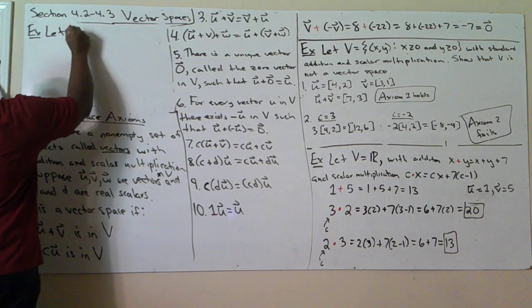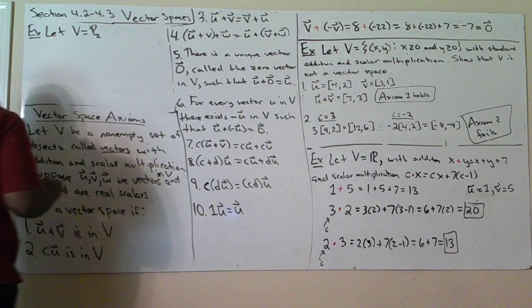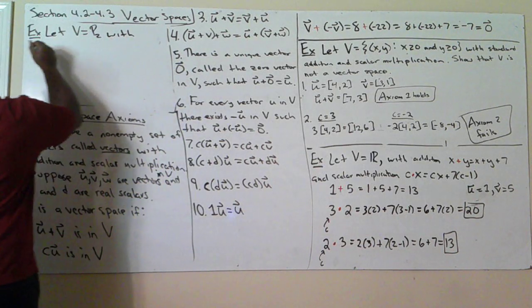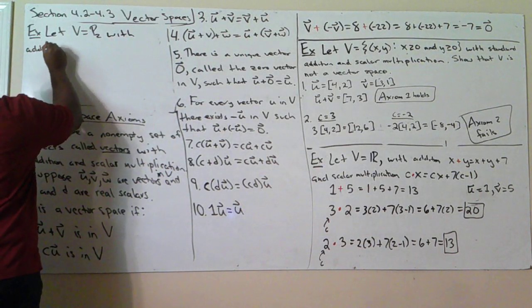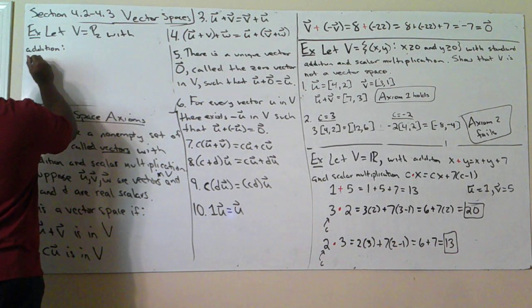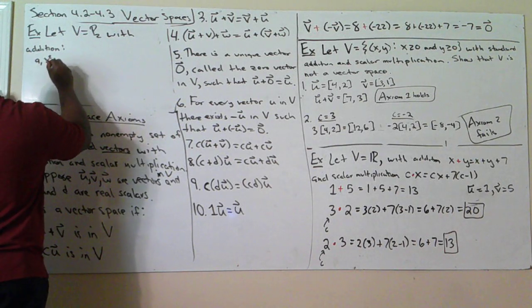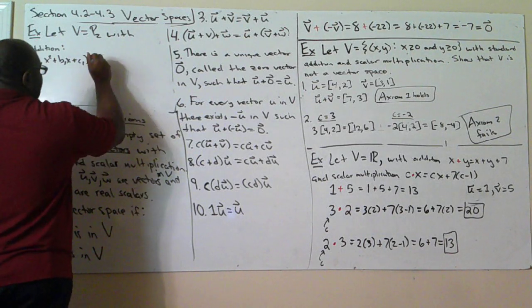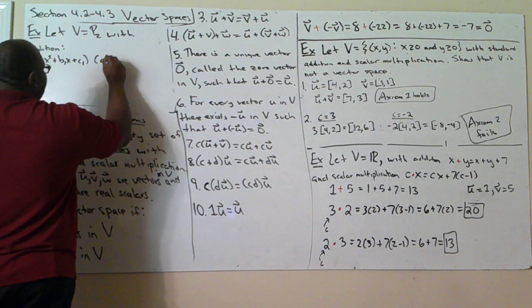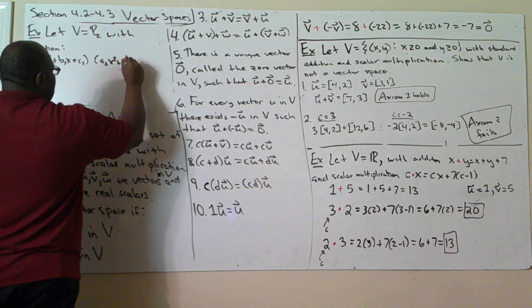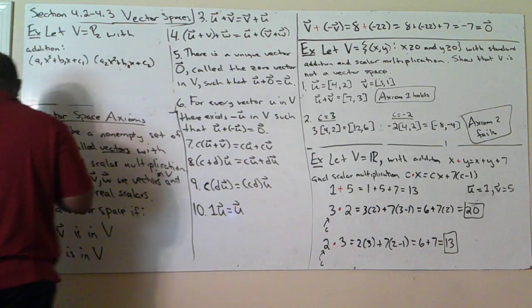Let V equal P2, so polynomials of degree 2 or less, with addition. I'm going to have to write here that a1 x squared plus b1 x plus c1, plus a2 x squared plus b2 x plus c2, I'm going to have to put a plus sign in between.